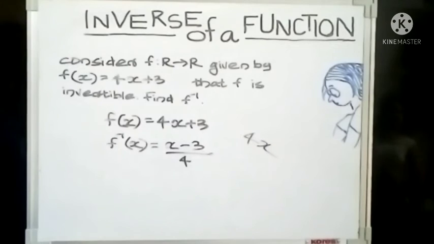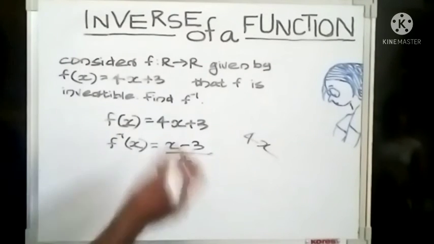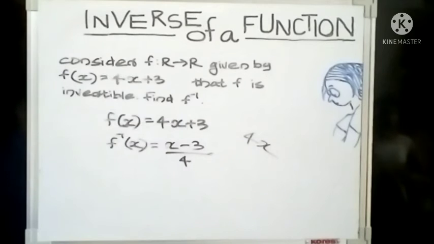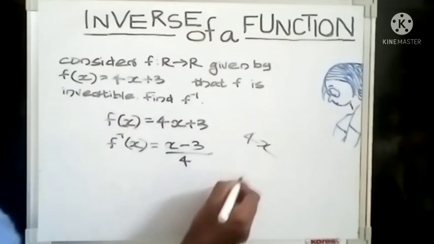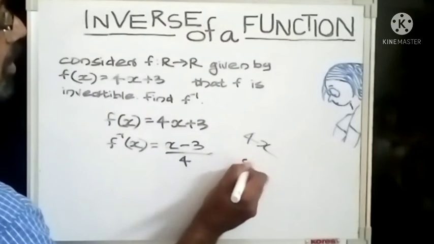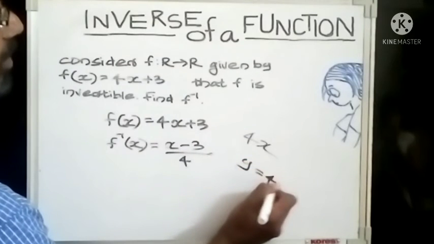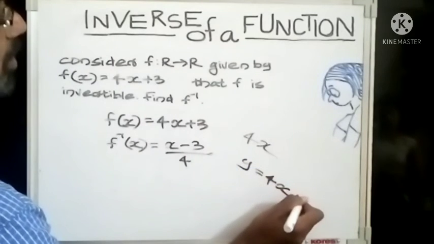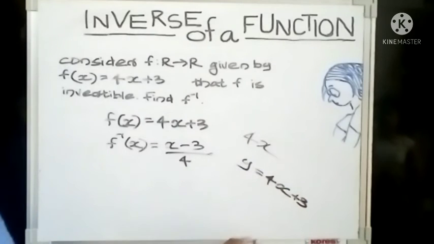And we have to do it in the formal way as we have done in the previous problem. How? First we have to show that it is one-one and onto. And then we write, let y equal to 4x plus 3.